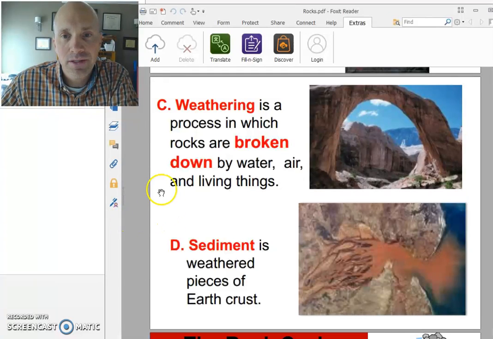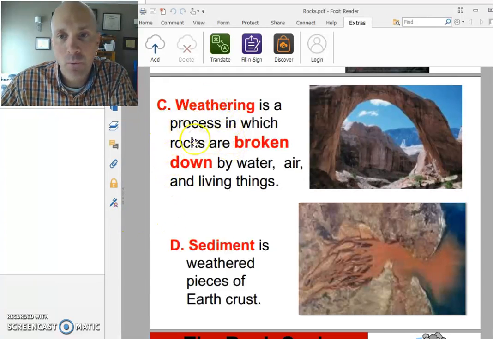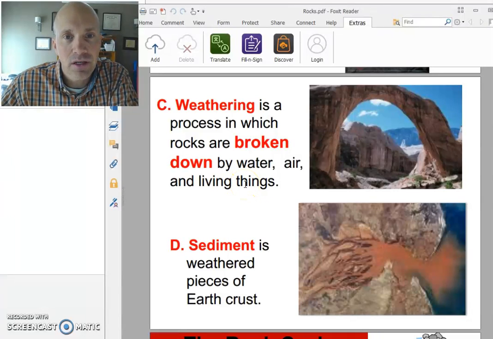When we talk about sedimentary rocks, we're going to talk a lot about weathering. Weathering is a process in which rocks are broken down by water, air, and living things. One way you can think about weathering is like taking a hammer to a rock and breaking it up into smaller pieces. You would take one big thing and turn it into a bunch of smaller things.